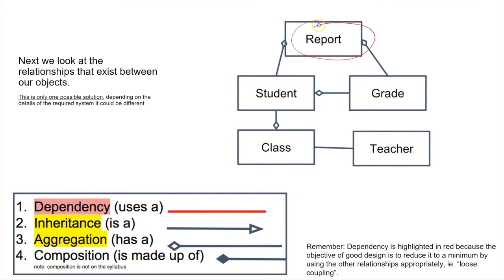We have a report which contains students and grades, and a student is contained within a class. Many students are within one class. A teacher is associated with a class, and a student can have many grades. Whenever we're drawing this and writing them out, we normally use a UML class diagram which shows the relationships between classes, but we'll look at that a little bit later on.